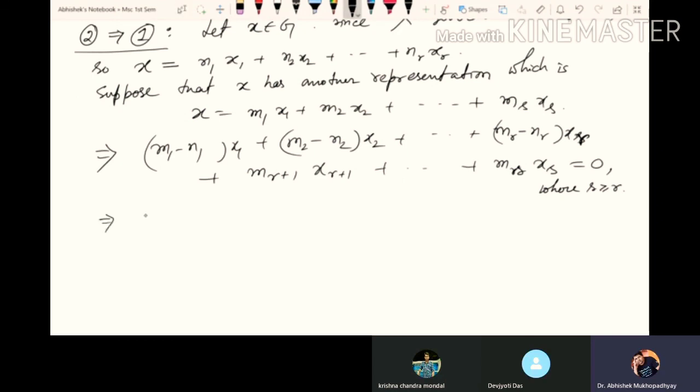So by 2 we can say that all these integers are 0. So m1 equals n1, m2 equals n2, ..., mr equals nr, and others are 0.